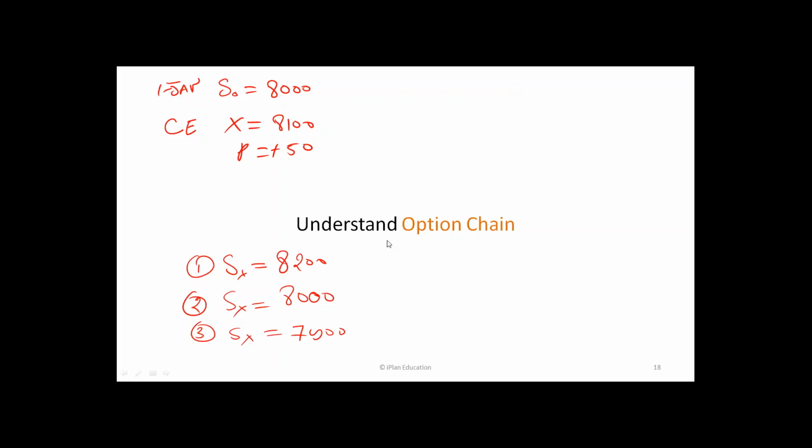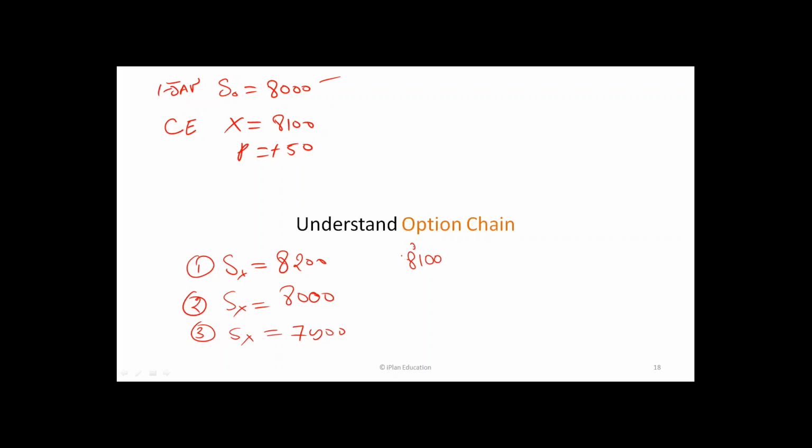See, let's solve it. It's simple. We bought at 8,100. The strike price was 8,100. Forget about what was on January. On the date of expiry, what was the spot? Spot minus the strike.